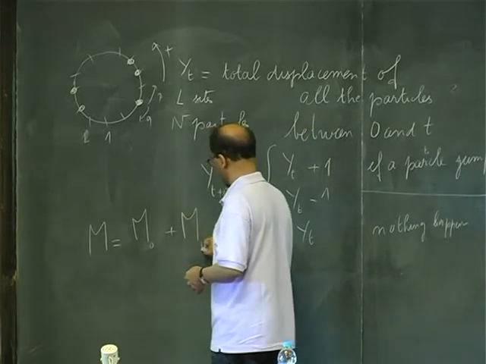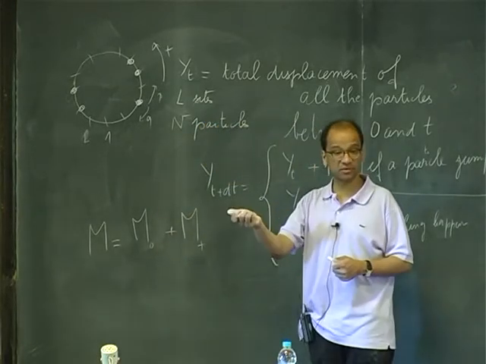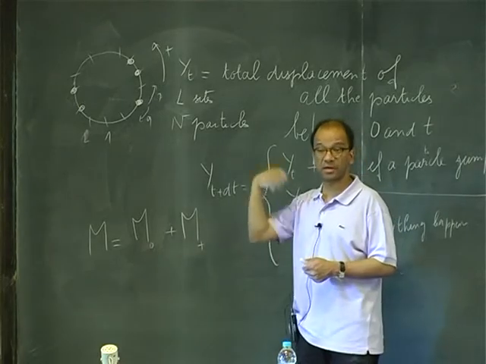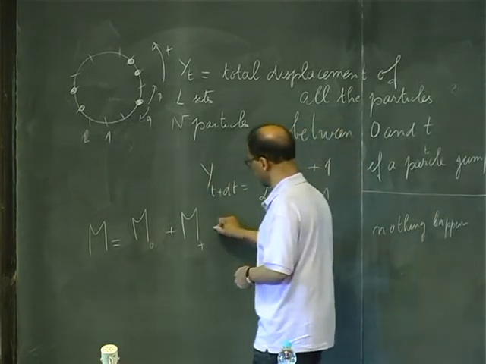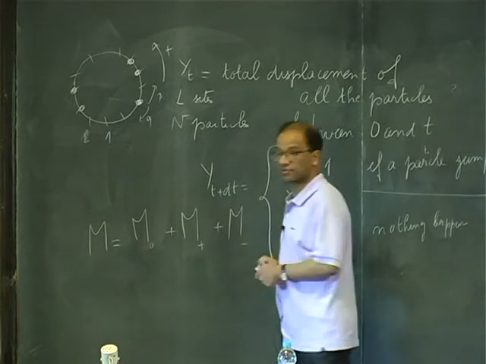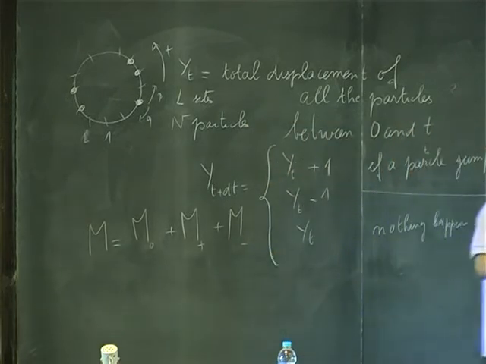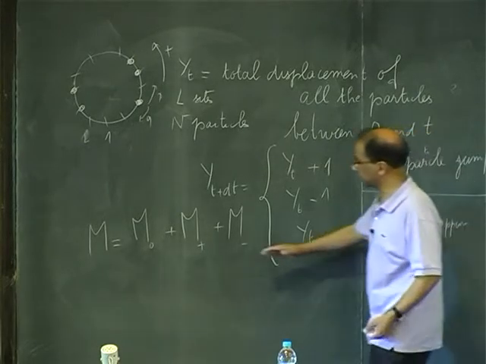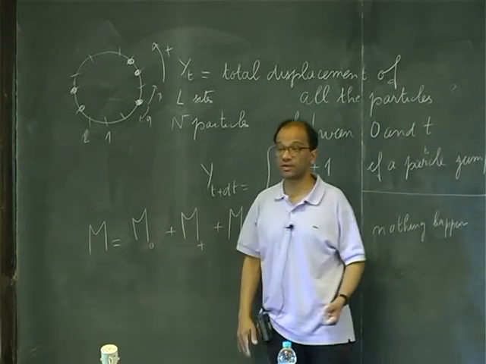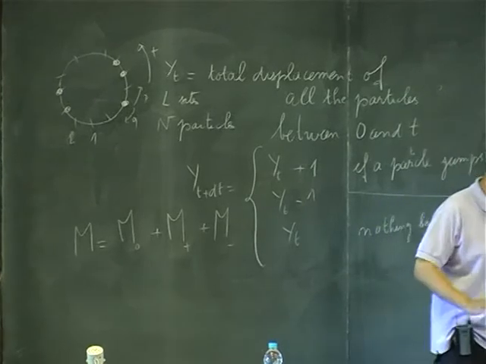It contains hops in the positive direction, somewhere a particle goes forward, and it contains hops in the negative direction. A more complicated problem would correspond to a different splitting of the Markov operator. But this is a basic splitting.